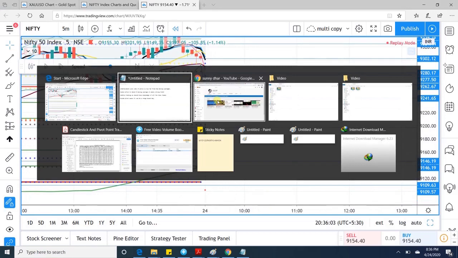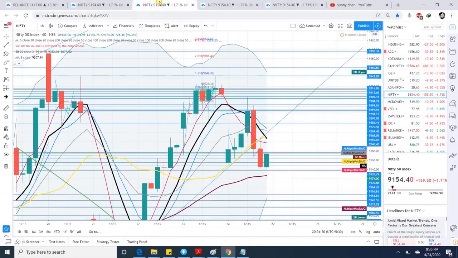If we move to the hourly chart, you can see that it is rising, and this yellow line is the 20 moving average and it is rising. I have already said in my other moving average video, which I have put in the description link, that a rising 20 moving average is a sign of uptrend.